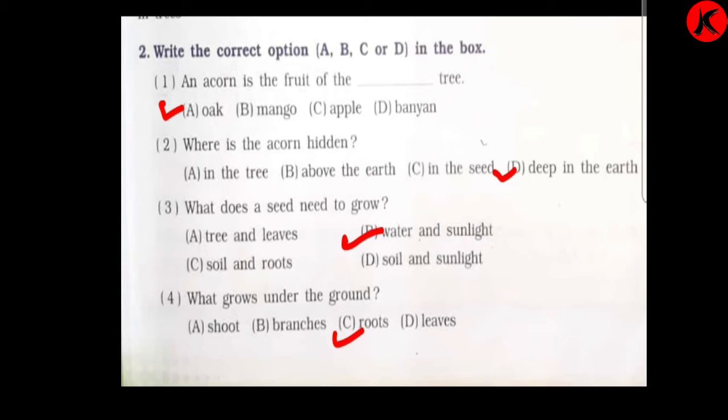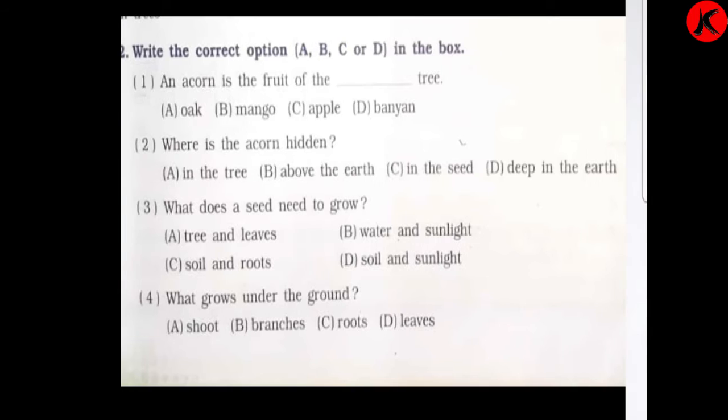Where is the acorn hidden? The correct answer is deep in the earth. What does a seed need to grow? Water and sunlight. What grows under the ground? Roots. Now we'll go to the next page.